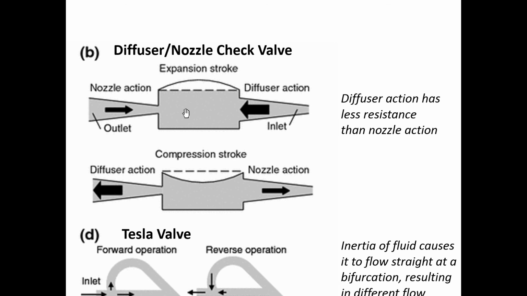When the fluid is going from a large region to a constriction, the flow resistance is higher.